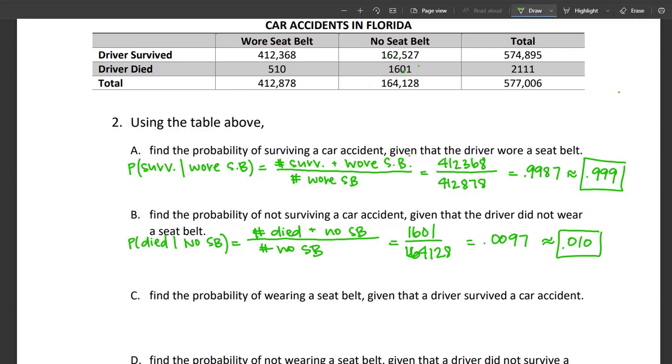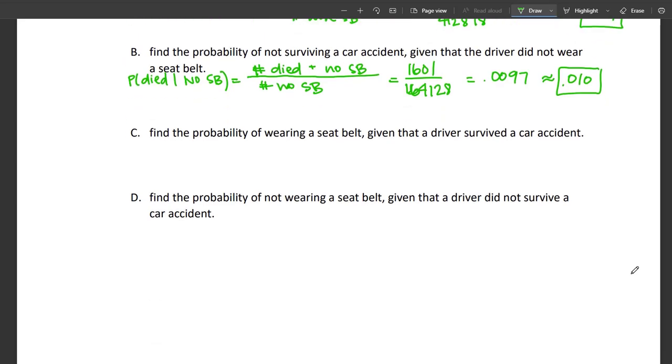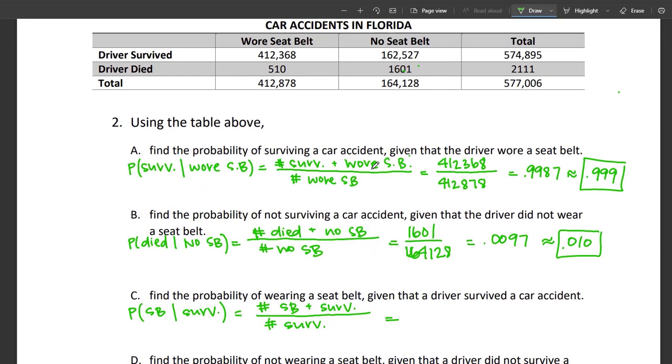Alrighty, on C, find the probability of wearing a seatbelt given that a driver survived a car accident. So we have the number of people who wore a seatbelt and survived divided by the number of people who survived. So the number of people who wore a seatbelt and survived, 412,368.